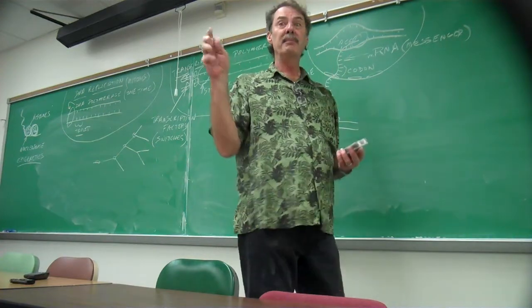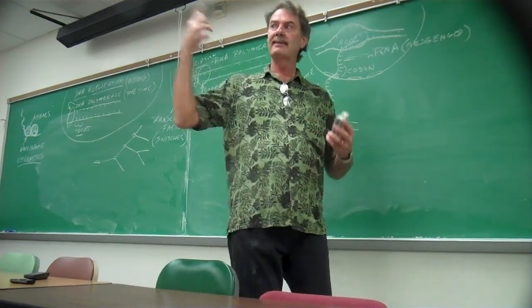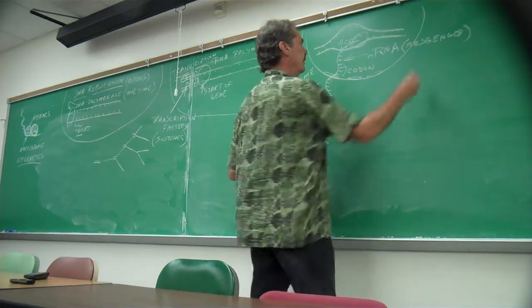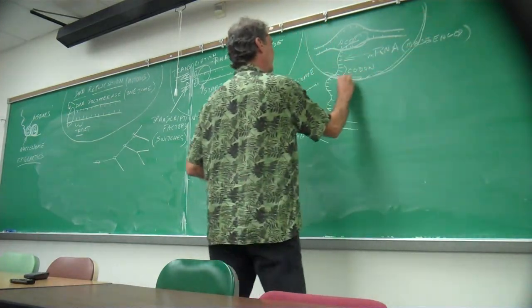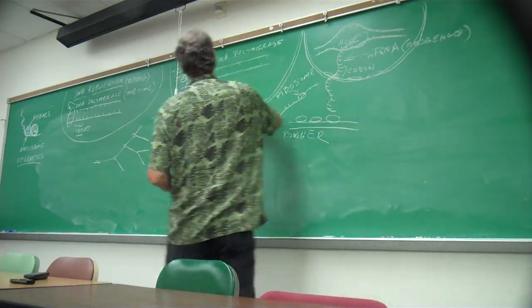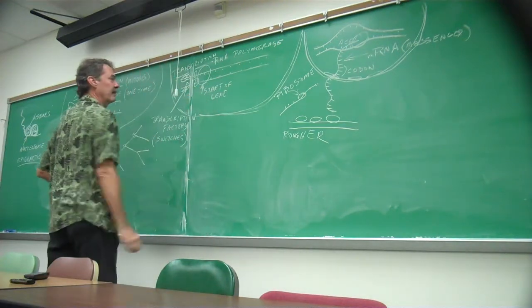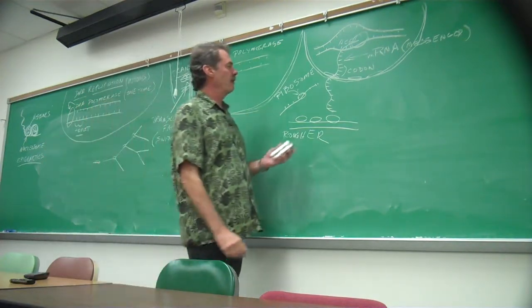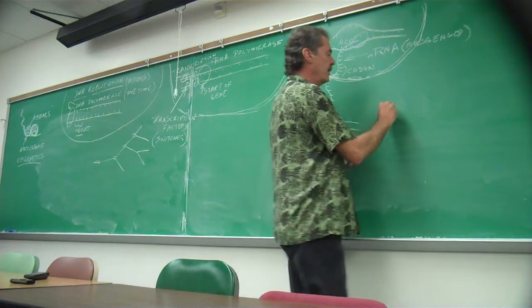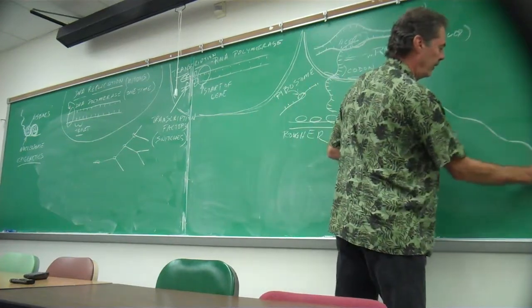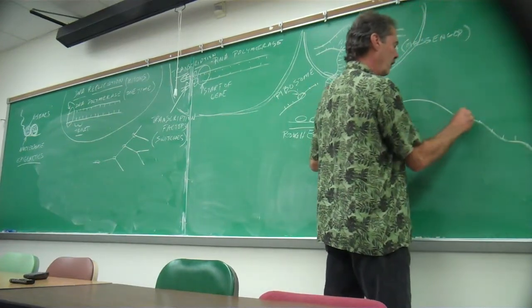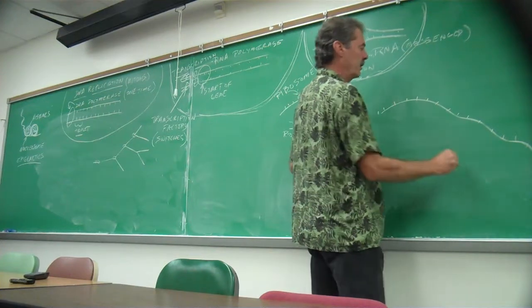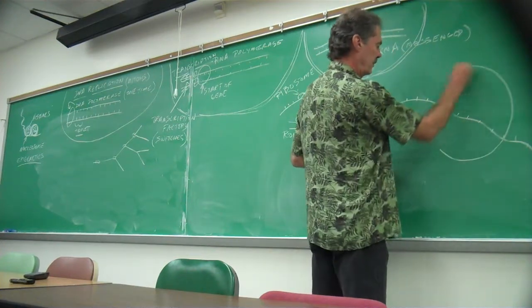Double lipid membrane, nuclear membrane. That's kind of a nice fact to keep in your head. Okay, I'll draw 2 layers here. There we go. All right. Now the RNA is out here. I'm going to draw a big ribosome around it here.